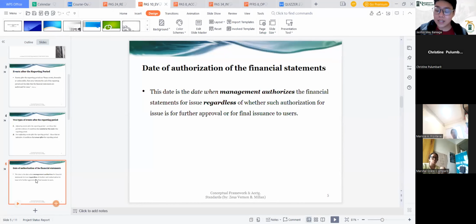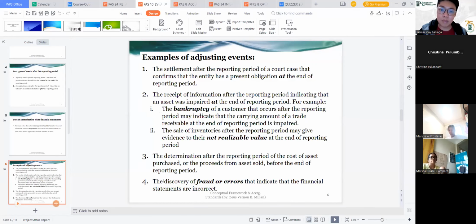These are the samples, guys. So I have already provided a lot of samples of adjusting and non-adjusting events that we are using for PAS 10 interpretation. As you can see, when you see an adjusting event, basically, we need to do an adjusting entry or adjust the transaction for year 2022. So here are the typical samples for adjusting events.